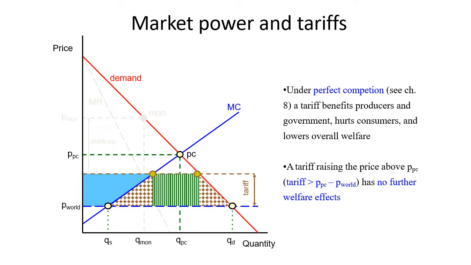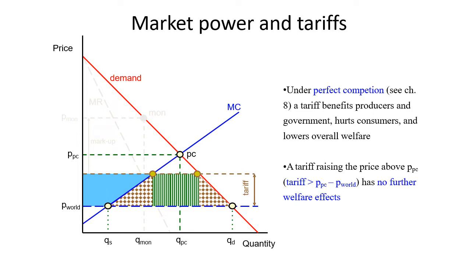What is the consumer loss? The consumer loss are all the colored shapes. So that is the light blue shape, the checkered brown and white areas or triangles, and the green rectangle. Those are what is lost for consumers.